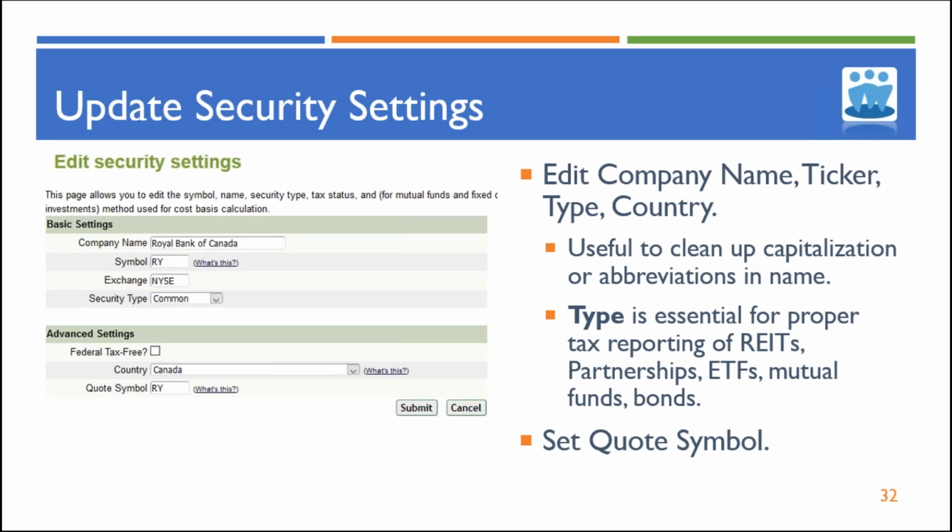Down below, the quote symbol would be the same for all of them. The quote symbol is where we get the price for your valuations, not the above symbol. So that is really important, an advanced tweak that you can use or not, depending on your preferences. But that's all accomplished here in the Update Security Settings screen.